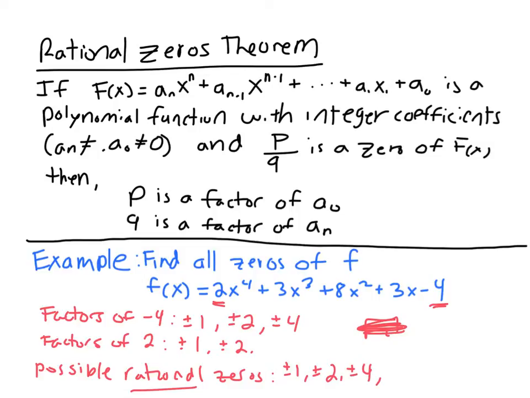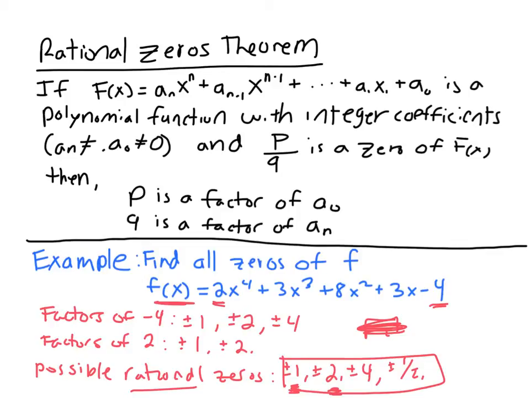And then let's divide all of the factors of -4 by plus or minus 2. So that would be plus or minus 1/2. 2 divided by 2 is 1, which has already been listed, so I don't need to do that twice. And 4 divided by 2 is 2, which is already listed, so I don't need to list that again. Okay, so these are all the possible zeros of this f of x.